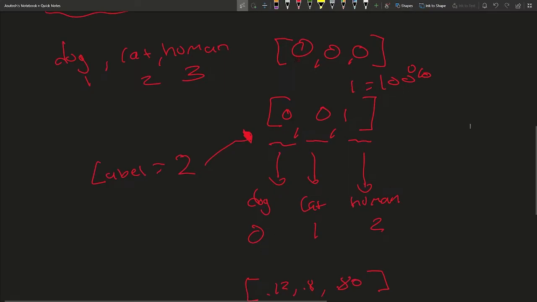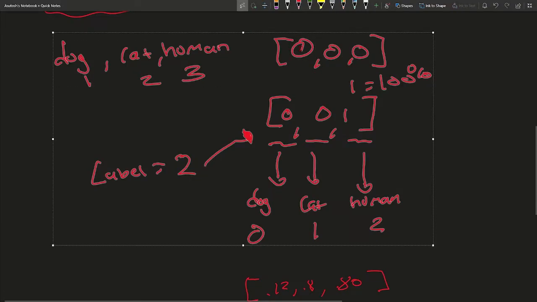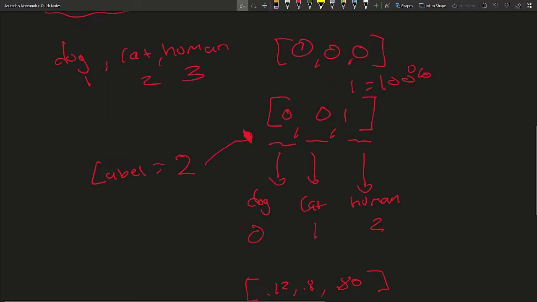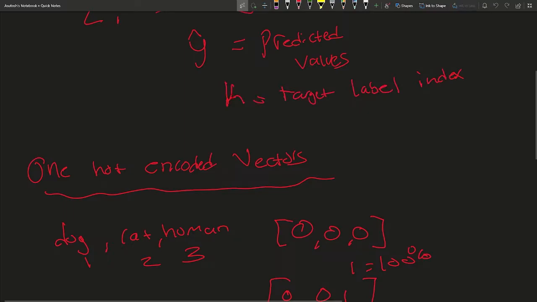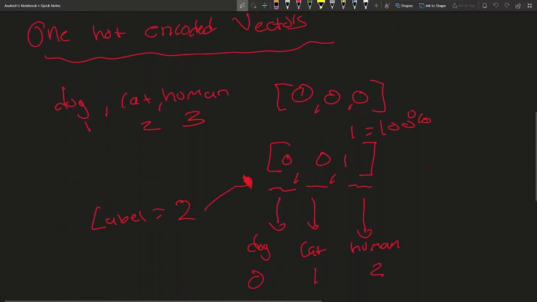The 0th index is going to be for dog. The first index is going to be for cat, and the second index is going to be for humans, right? So that's pretty much what it means. This is asking what the true value is, and this is asking what the predicted value is, to simplify everything down.